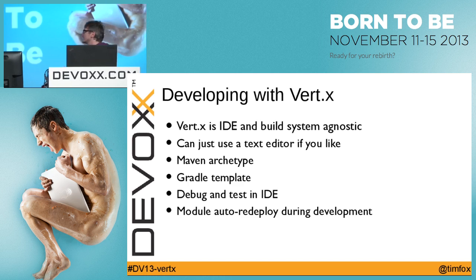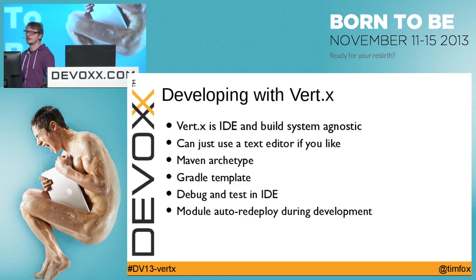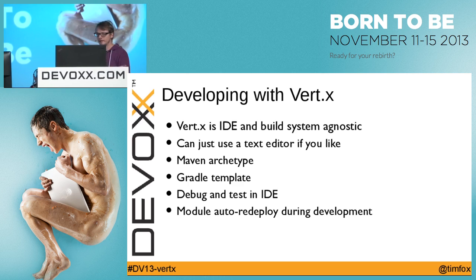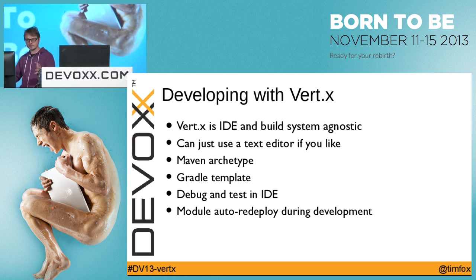But we realized that most developers, especially JVM developers, tend to use IDEs, and they tend to use build tools like Maven or Gradle. So we need a story there. We have a Maven archetype that you can use to create a Vert.x module project, just one line, and it'll create a skeleton project for you.